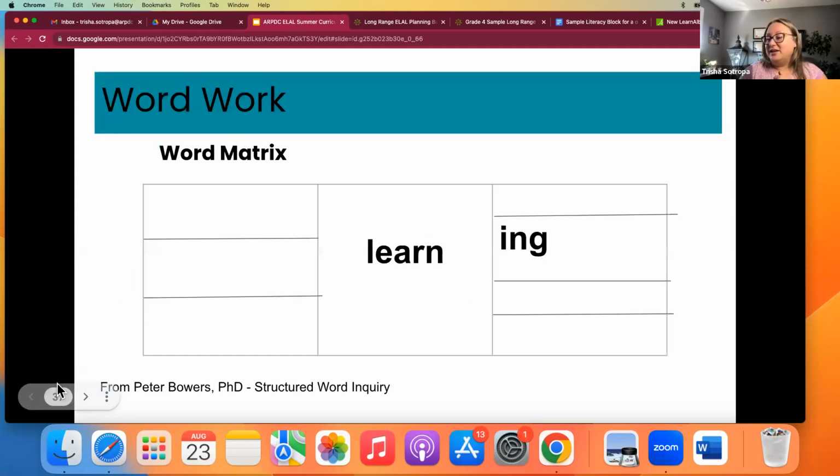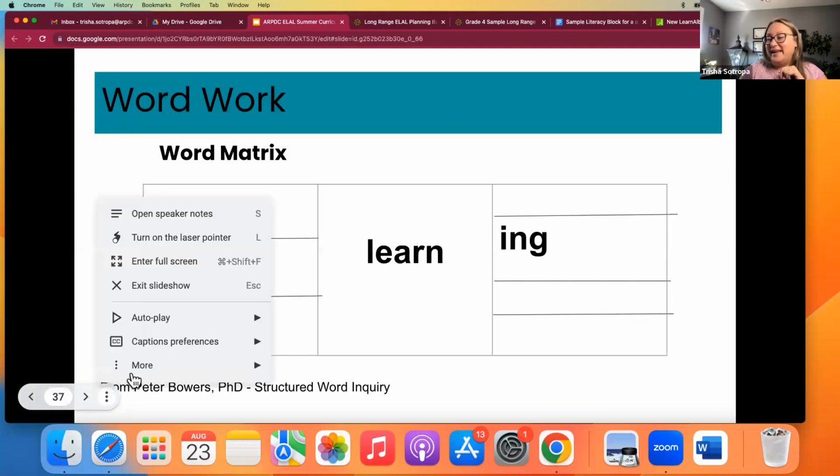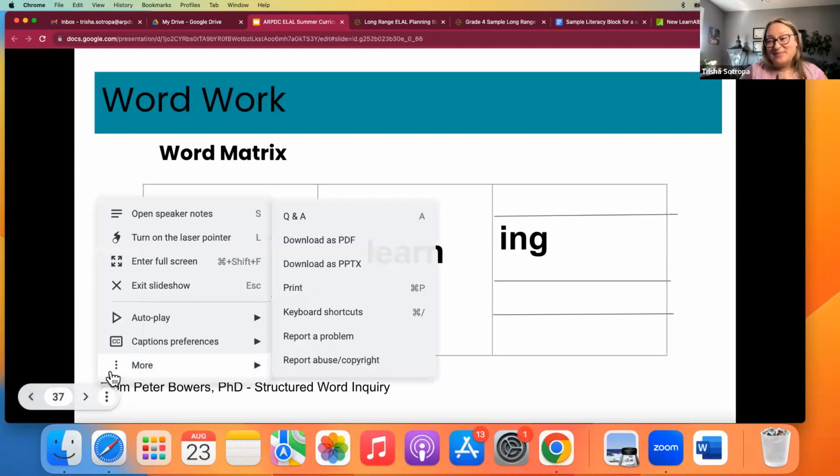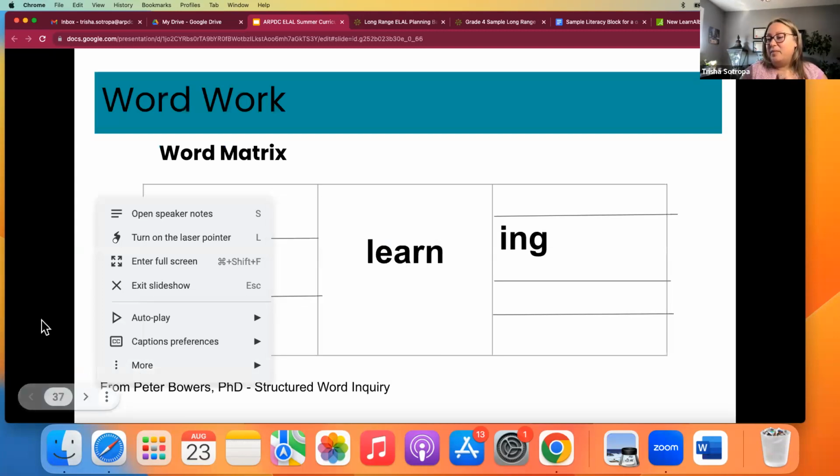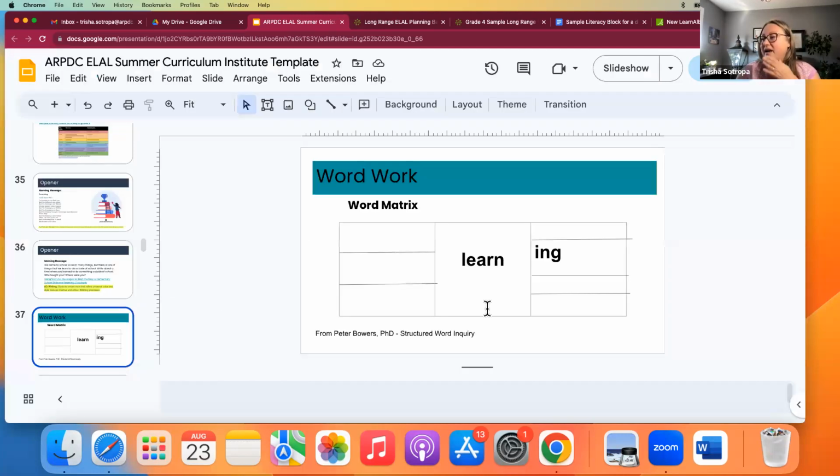Okay, so on Monday, someone asked a little bit about word work and word matrices. I'm going to exit the slideshow here. And I just mentioned that I like to use a word matrix.